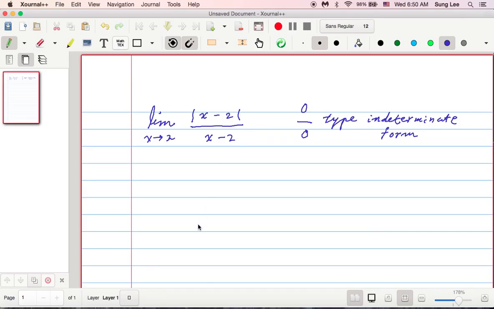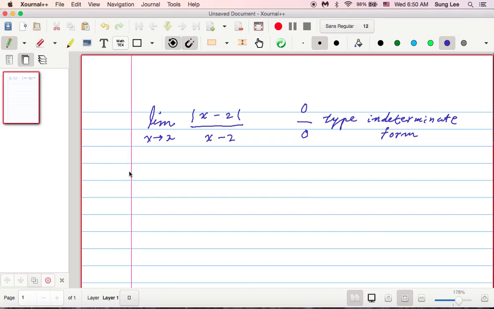Actually, this limit can be calculated by using the definition of the absolute value. To do so, we will first separately calculate the right-hand limit and the left-hand limit at x equals 2.